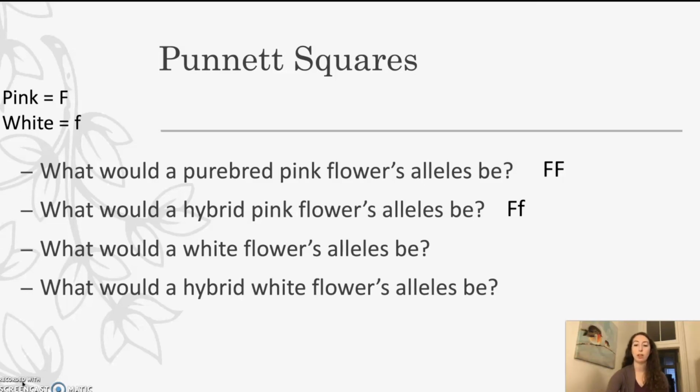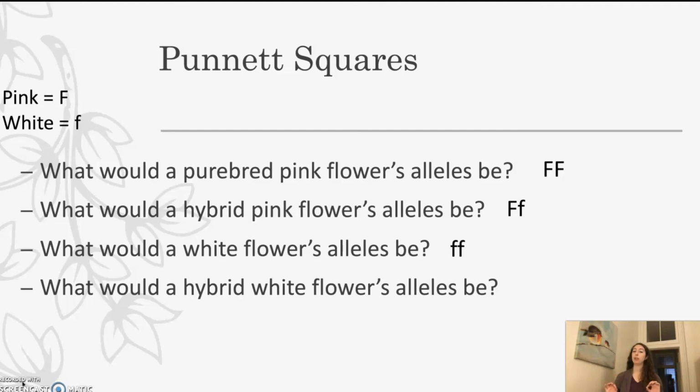So, if you said little f, you're absolutely correct. Because remember, even 1 big F, 1 capital letter, would make the flower pink. So it has to be 2 little f's.